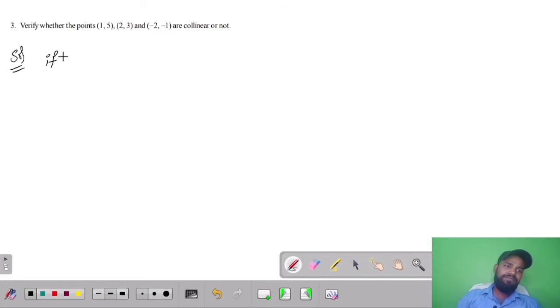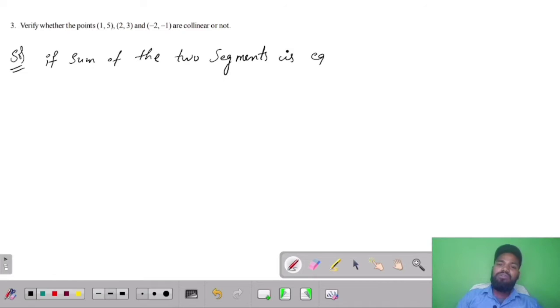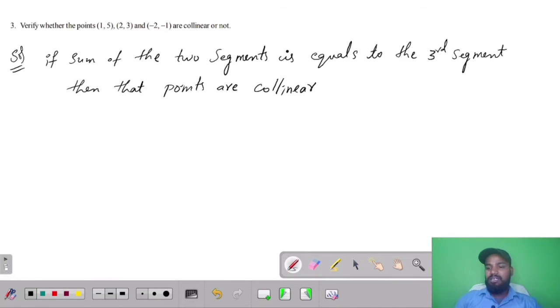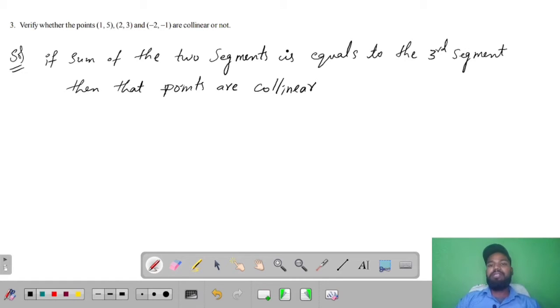If the sum of the two segments is equal to the third segment, then the points are collinear. This is the definition for collinear.